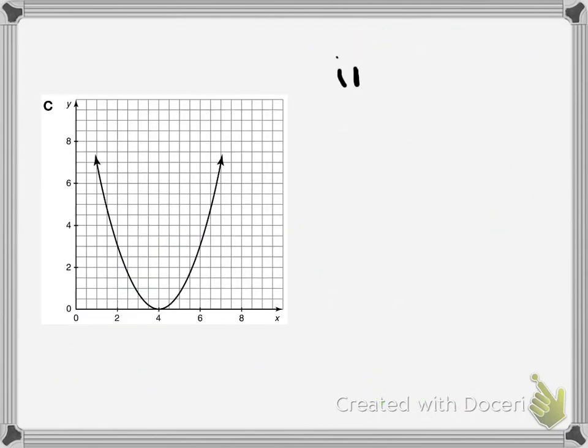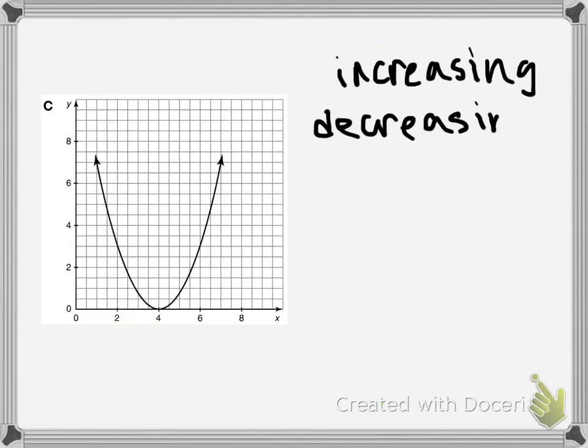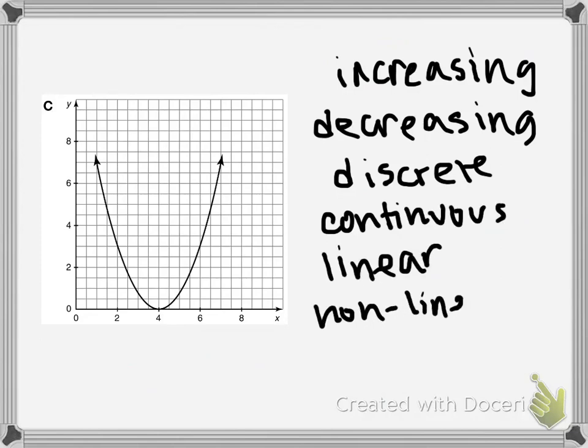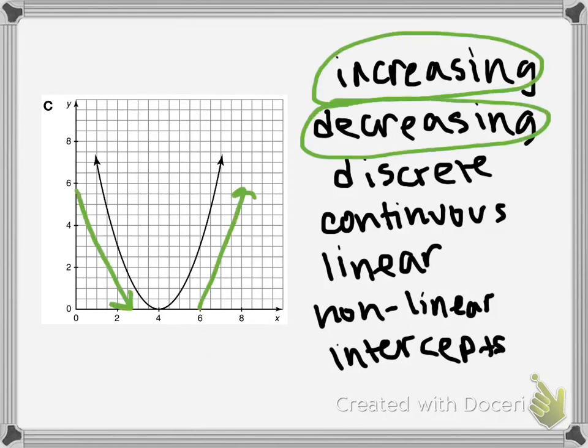Okay, graph C. Go ahead, rough sketch this in your notebook. If you notice on this one, both arrows are pointing up, so a lot of people think that means that it's just increasing. But if you read the graph left to right, you notice that one side is decreasing.